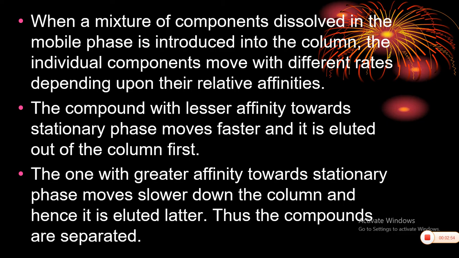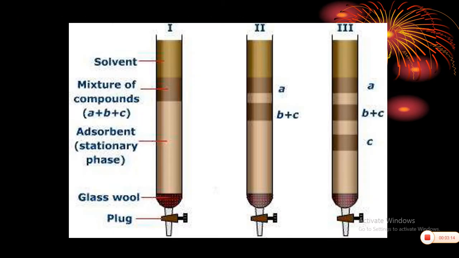The one with greater affinity towards the stationary phase moves slower down the column, and hence is eluted later. Thus the compounds are separated selectively depending upon their relative adsorption and relative desorption.